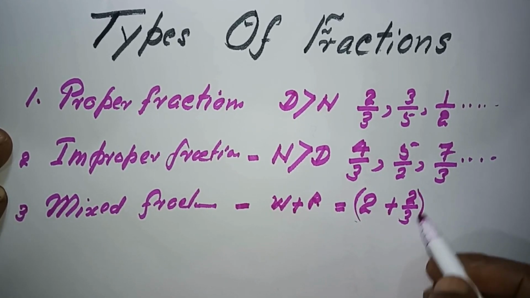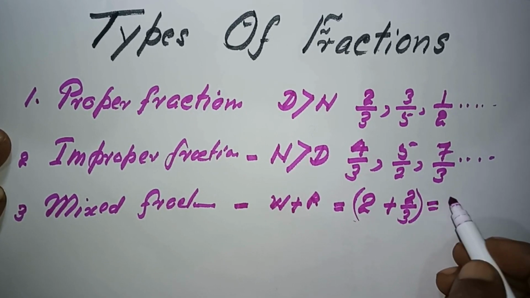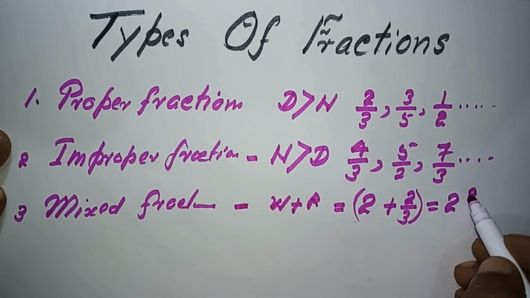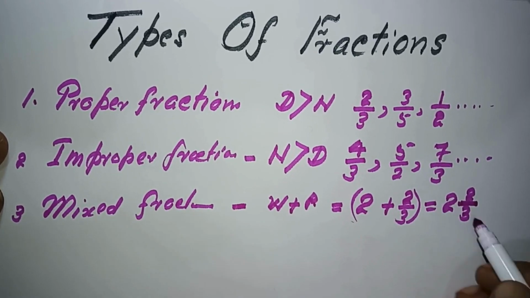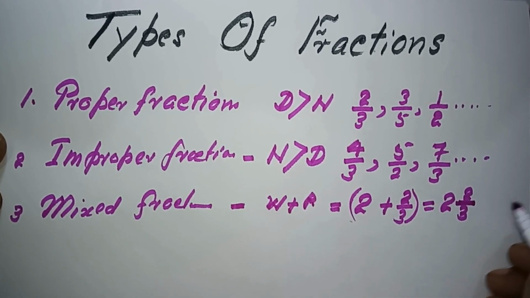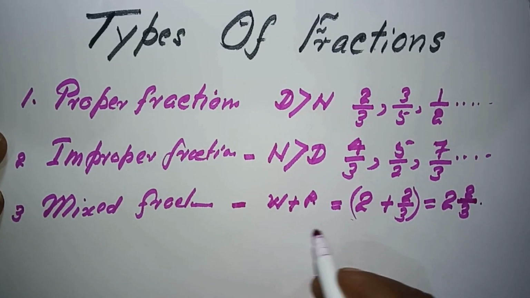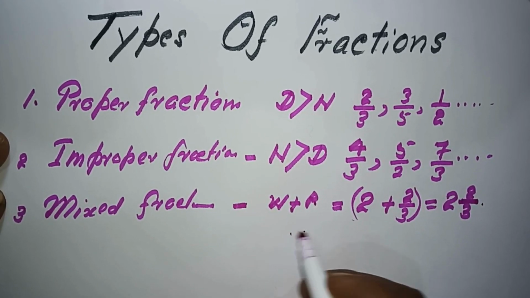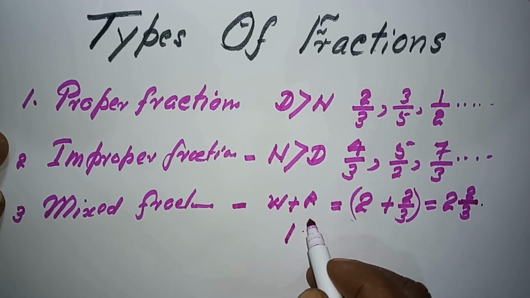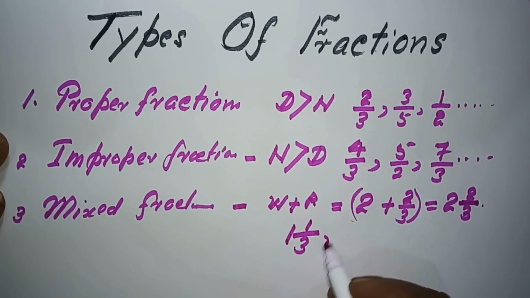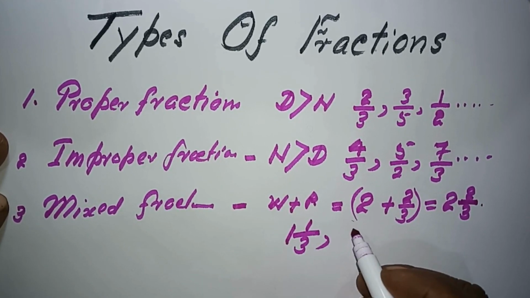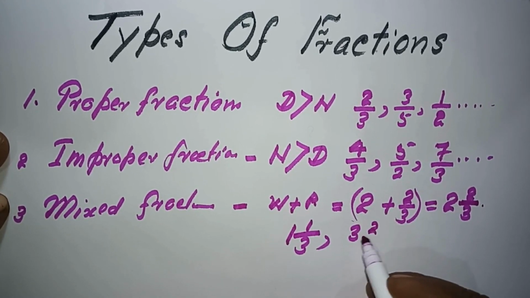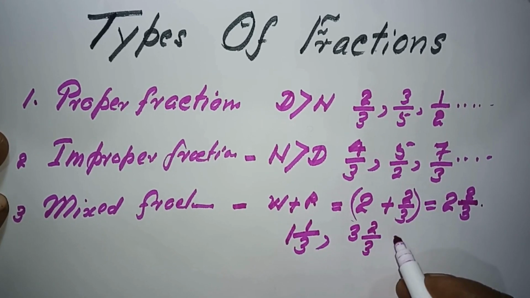But we can write as 2 and 2 over 3. This is a mixed fraction. So this also you can give any amount of mixed fractions. As example, you can write here 1 and 1/3, 3 and 2 over 3.